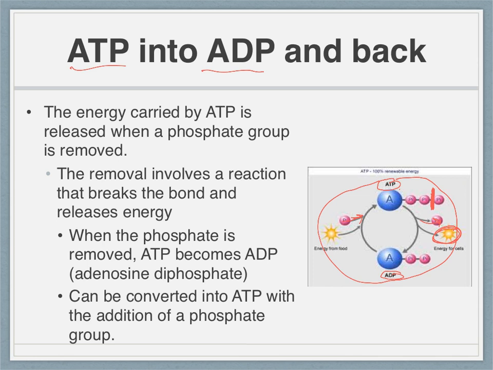The energy carried by ATP is released, again, when this phosphate group is removed. The bonds being broken release the energy. When the phosphate is removed, ATP becomes ADP, adenosine diphosphate, and it's converted back into ATP by addition of another phosphate and some energy to make this molecule form.